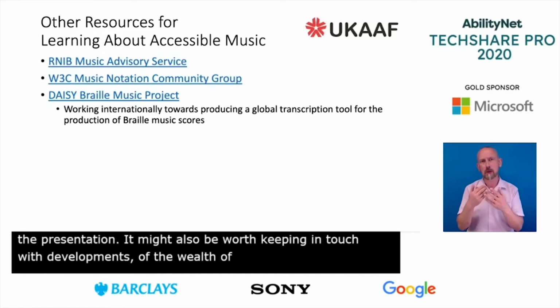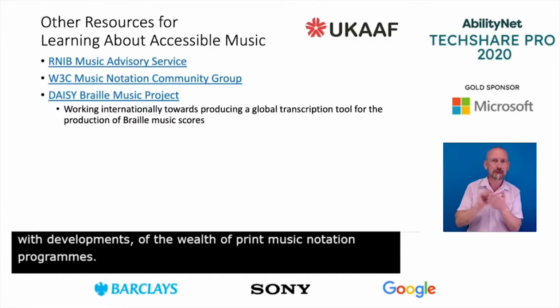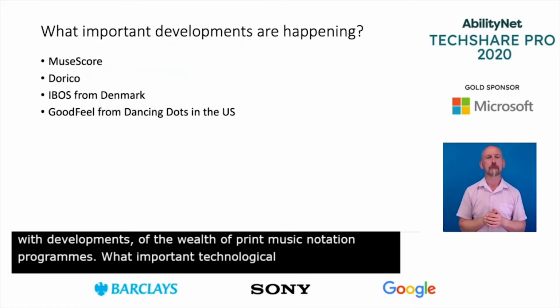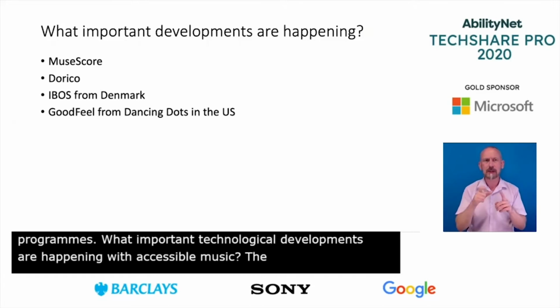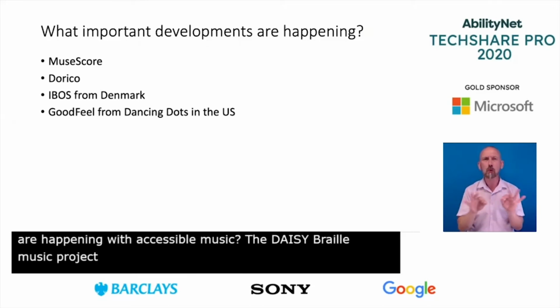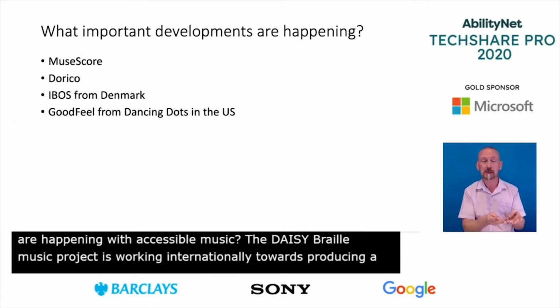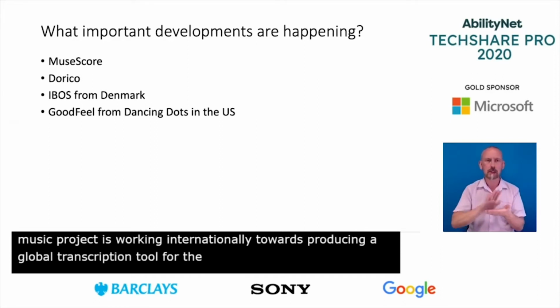notation programs. What important technological developments are happening with accessible music? The DAISY Braille Music Project is working internationally towards producing a global transcription tool for the production of Braille music scores.